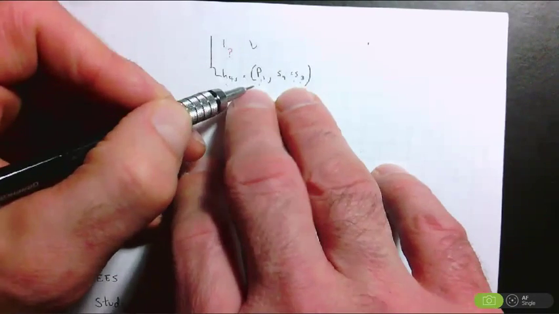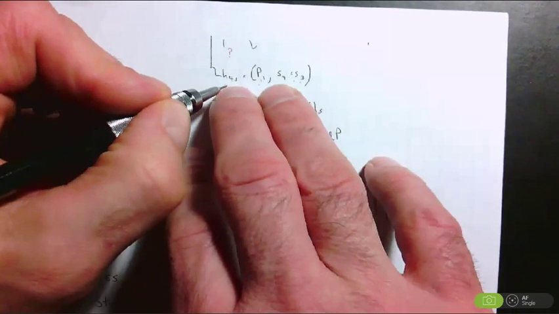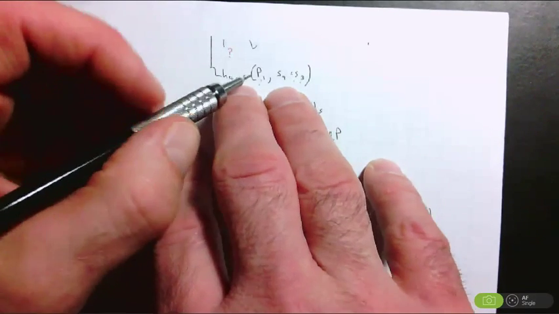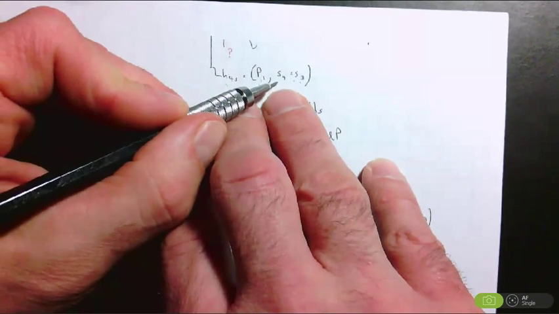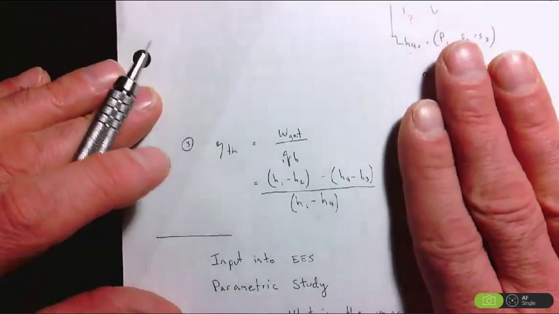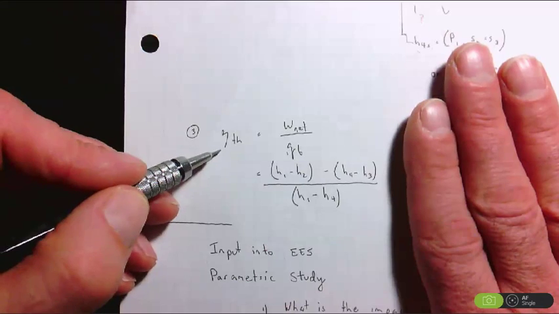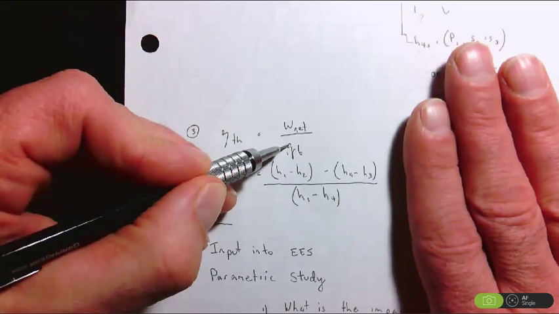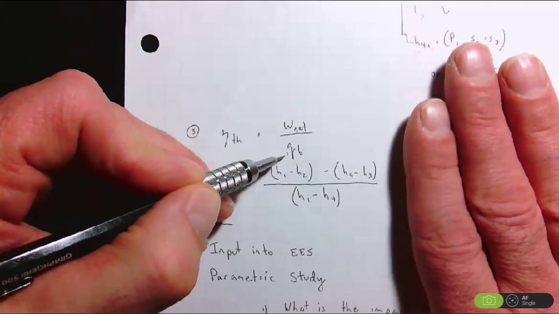In other words, the pump isentropic enthalpy assumes that the entropy S4 equals S3. Finally, we can look at the overall system thermal efficiency as the W net divided by Q in the boiler.